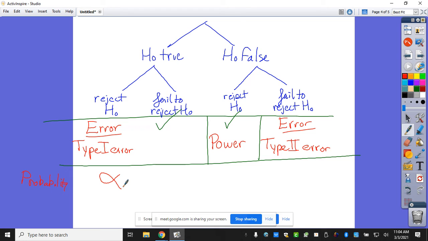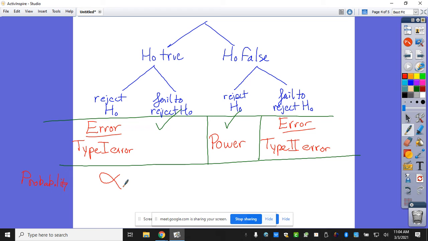The probability of a type 1 error is alpha. We can set alpha at the beginning of a test, right? Usually it gives it to us, if not we use what? 0.05. So if this case of a type 1 error is very severe, what kind of alpha do we want?